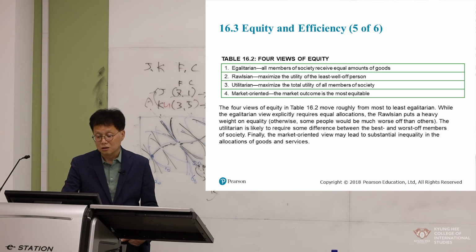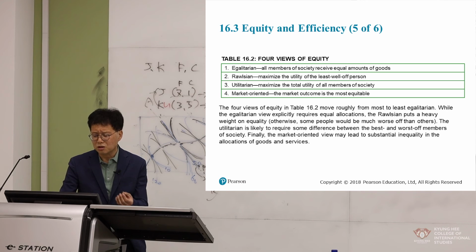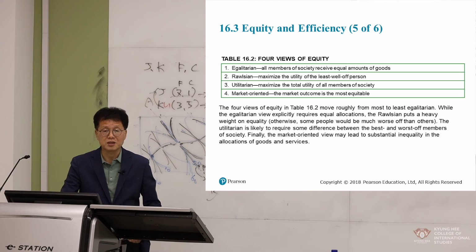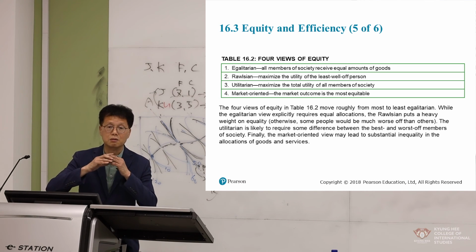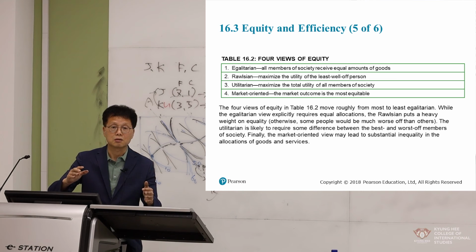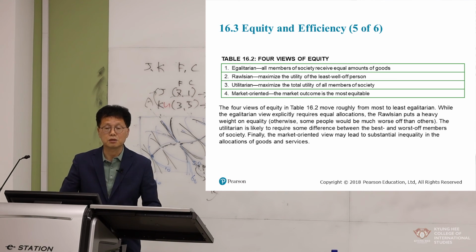Right? So individual utility is treated in the same way. The weights of individual utility are perfectly the same. So maximize the total utility of all members of society. In the market-oriented view, the market outcome is the most equitable because production is maximized and then reallocated to poor people.